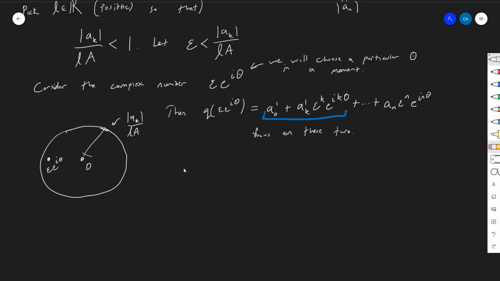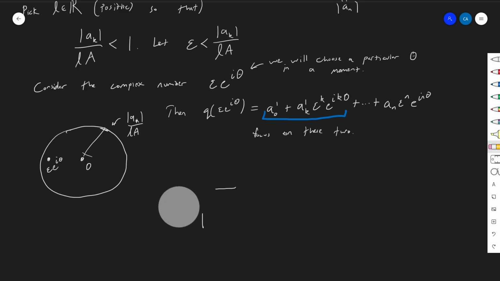And in fact, this is how we're going to pick our theta. This is a little confusing. I'm going to have to draw more circles. You're starting to realize at this point that complex analysis is just basically drawing circles forever. So my claim is this.